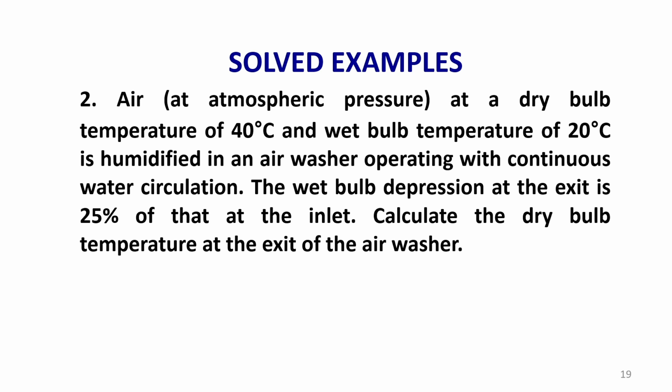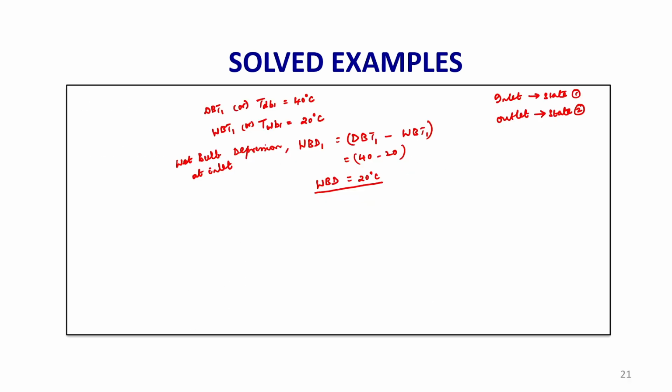Now it is given that the wet bulb depression at the exit is 25% of the wet bulb depression at the inlet. Let me write it neatly, otherwise later when you refer to it, it will be easy, and you can understand without reading the problem.